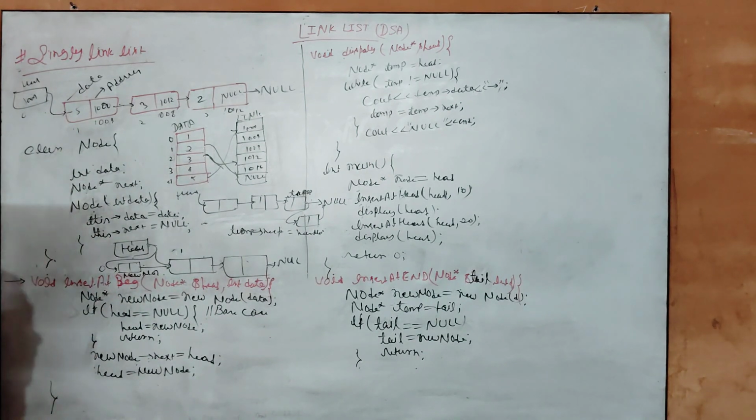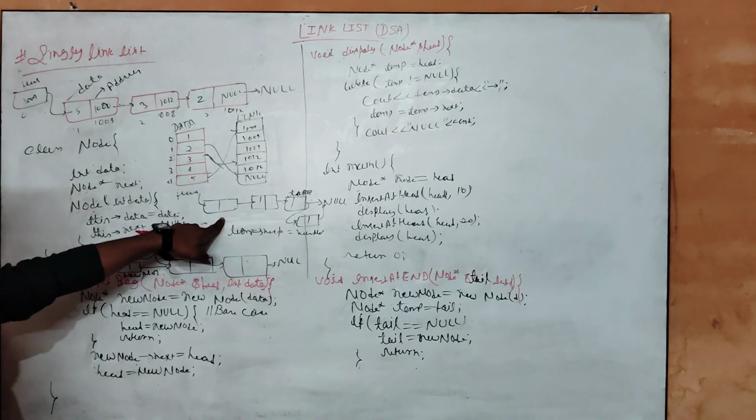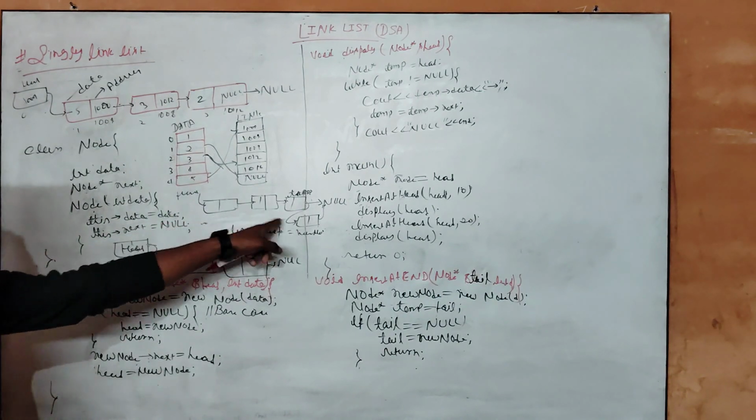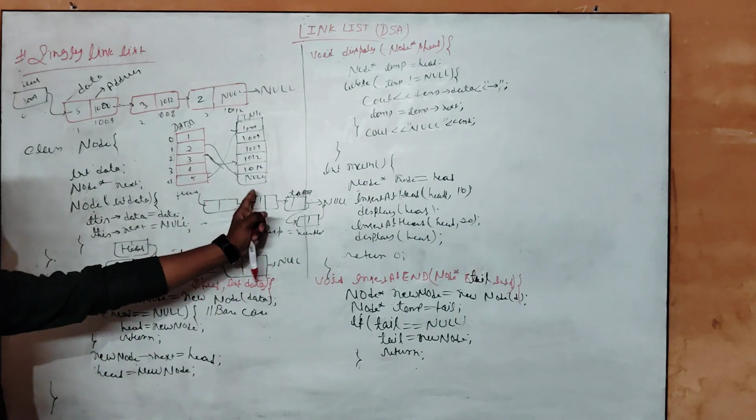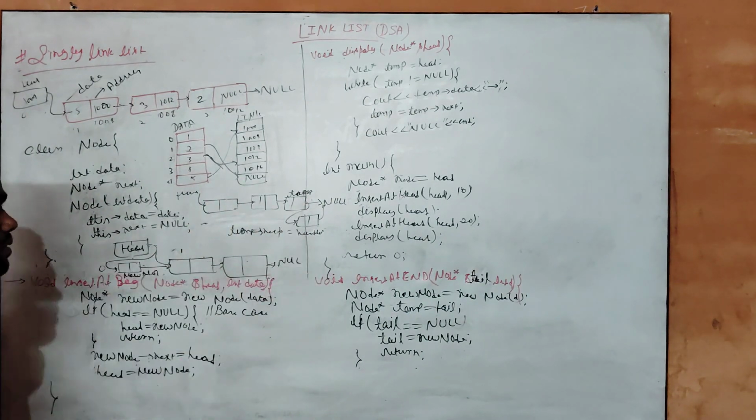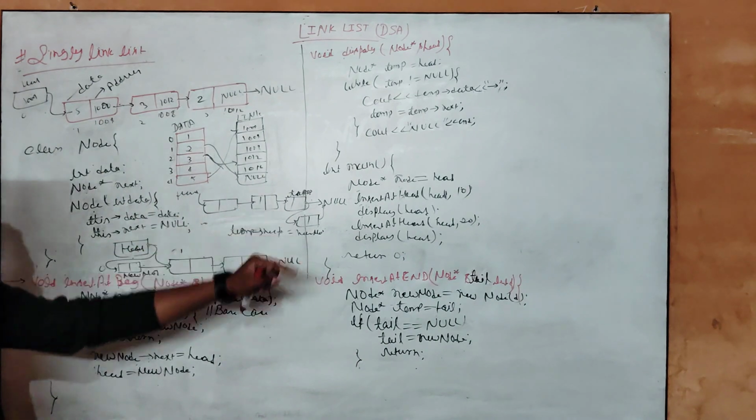I'll write one condition using a loop, because I also want to traverse. If our present node is the tail node, then how can we reach the end? It will go through a while loop, because it will be traversed one by one.